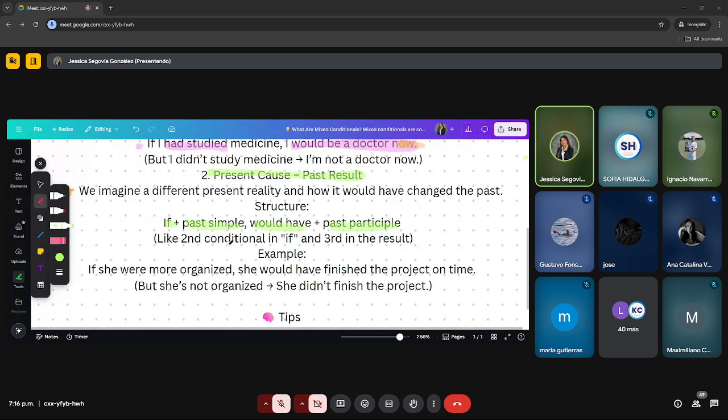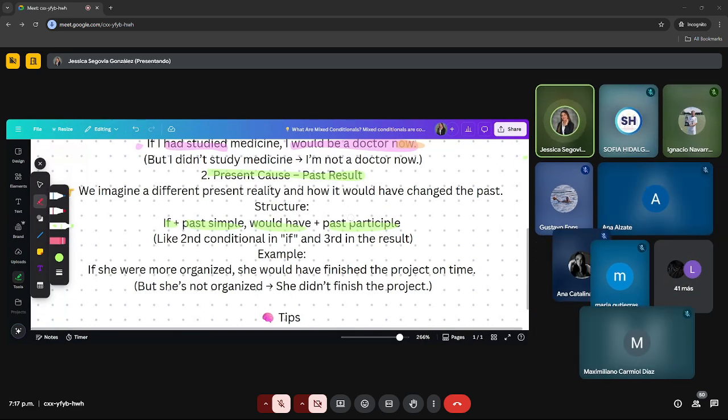Okay, in this case, it's like if we were mixing second and third conditional. For example, the second conditional is the if clause and the third conditional is the result, but we're not going to put so much focus on that. This structure here, would have plus past participle, cannot change.